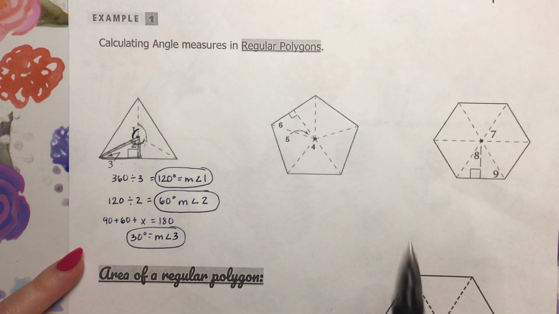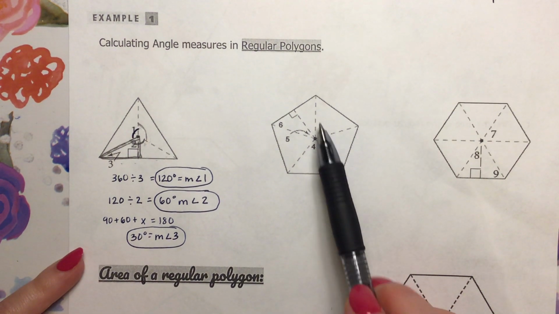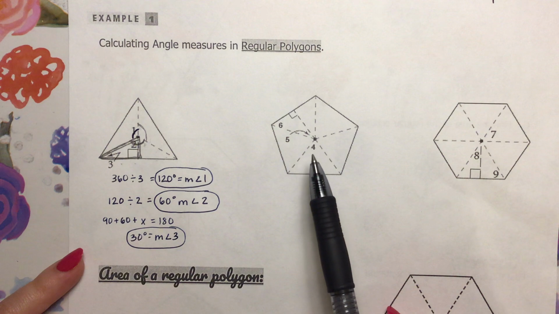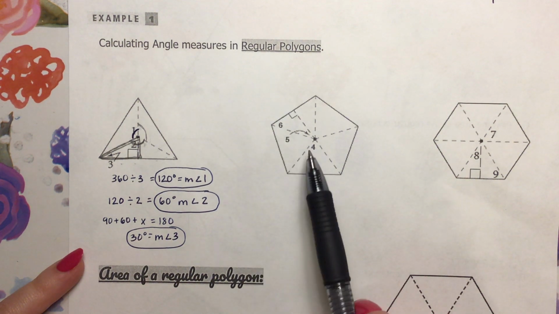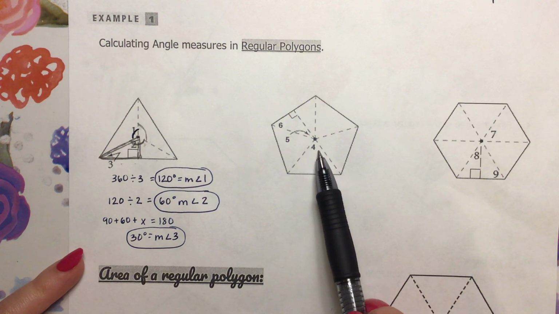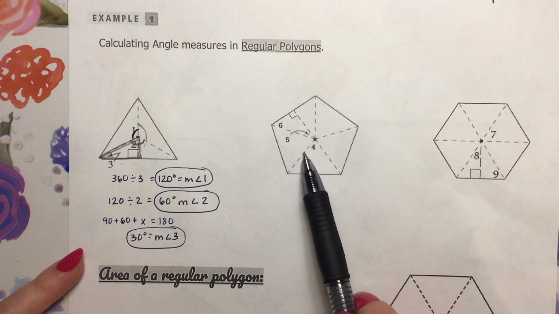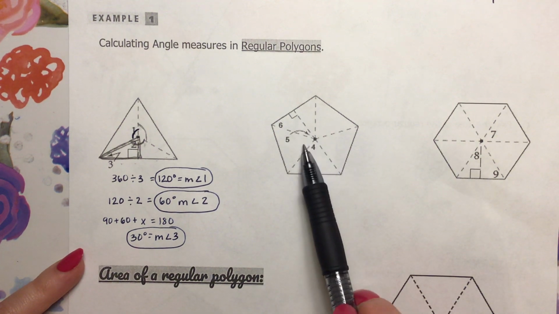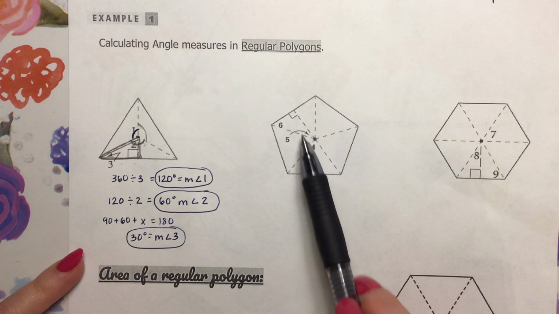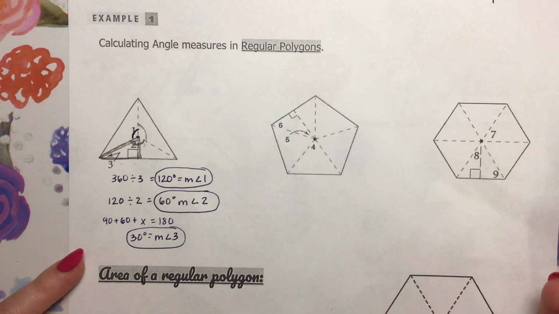Let's do that again. So we have a regular pentagon here, and I'm going to try to find the measure of angle 4, 5, and 6. The measure of angle 4 is just going to be 360 divided by 5 because there's 5 sides and all of these central angles are going to be the same measurement.